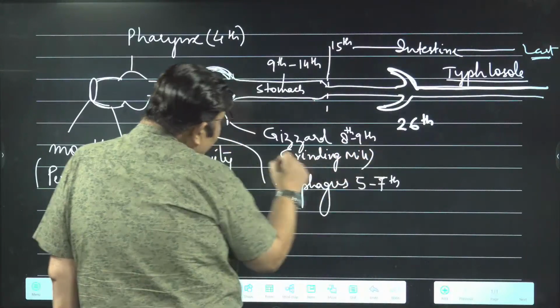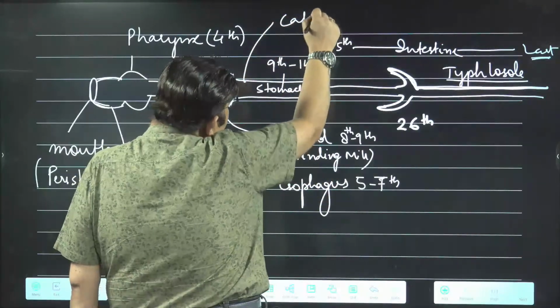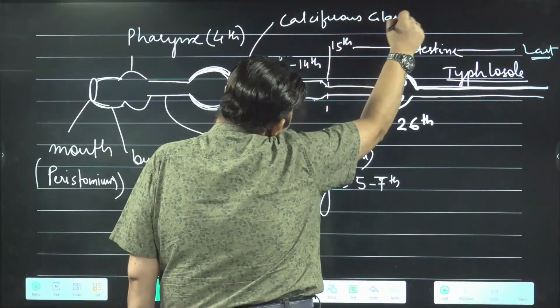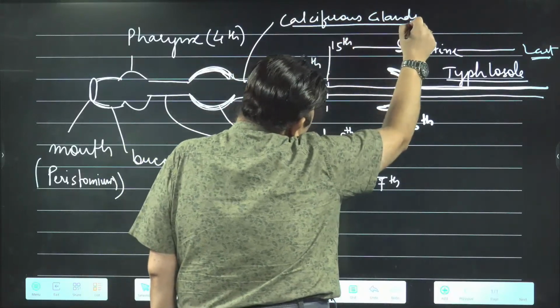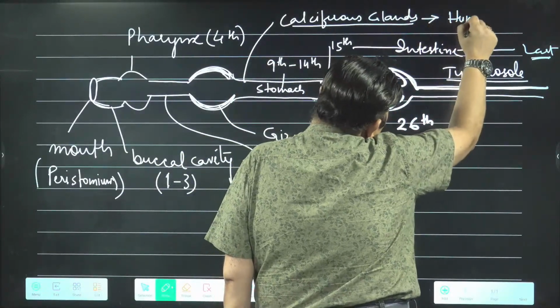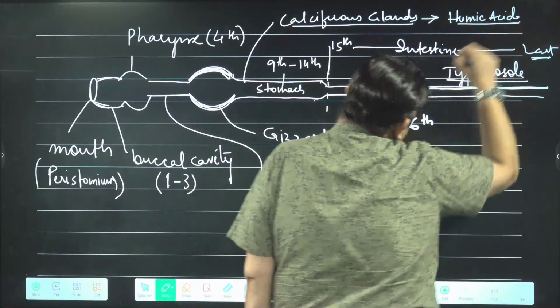Okay, what else? Then the stomach. In the stomach, calciferous glands are there, which secrete a fluid so that the humic acid can be neutralized.